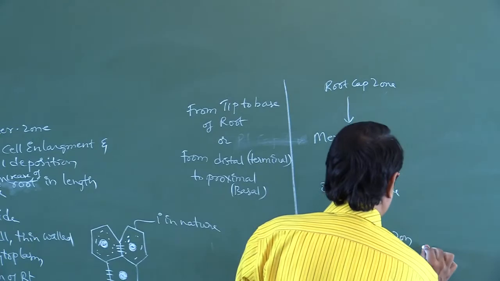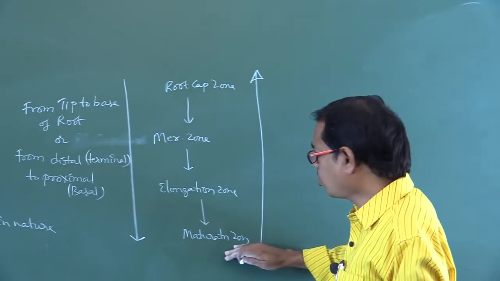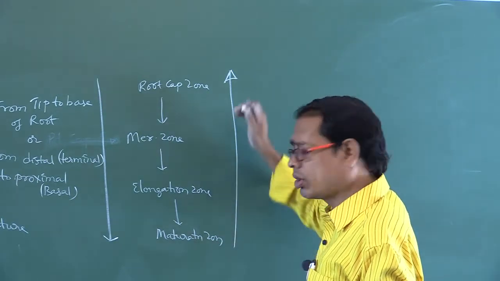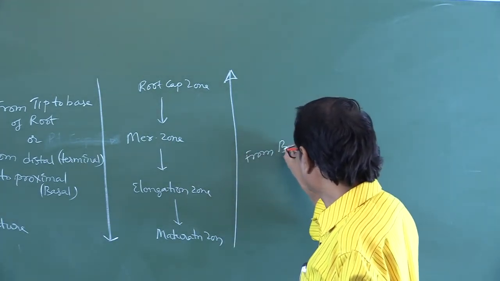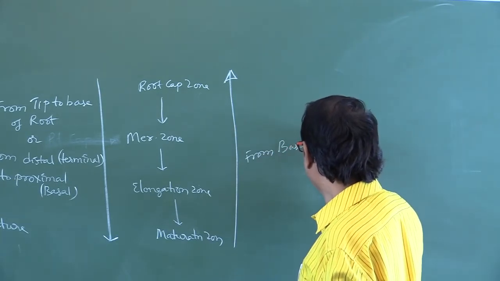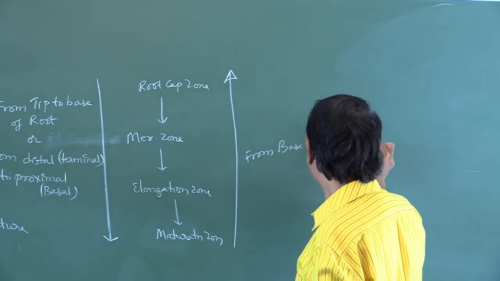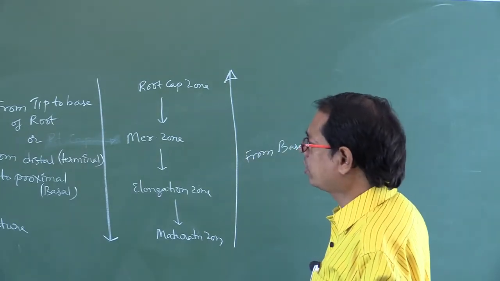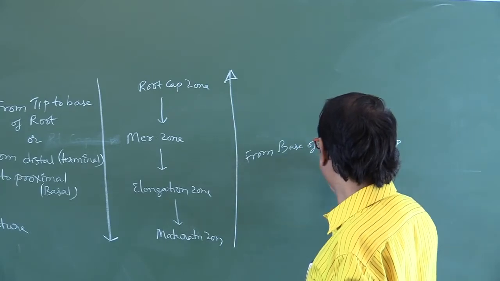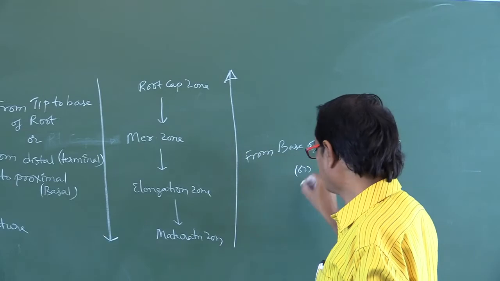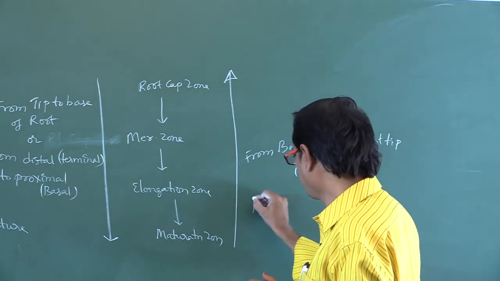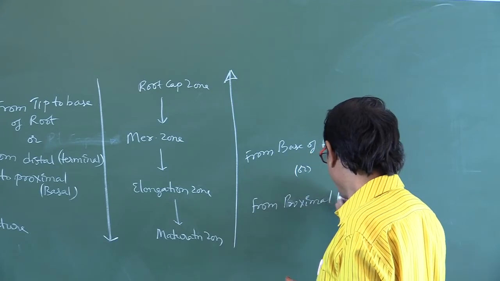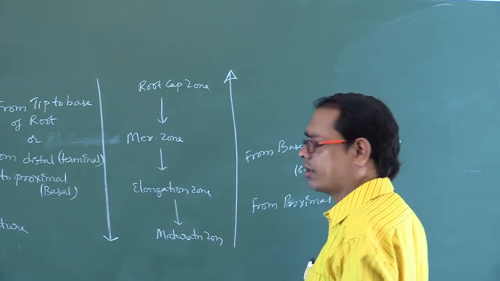And if they ask like this: maturation zone, elongation zone, meristematic zone, root cap, that is from the base of the root to the root tip, or from proximal to distal.